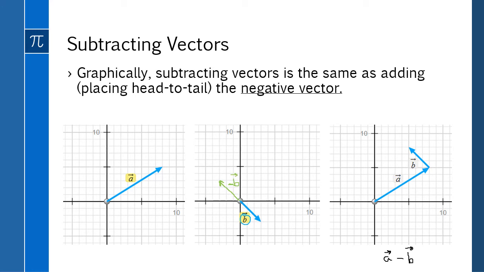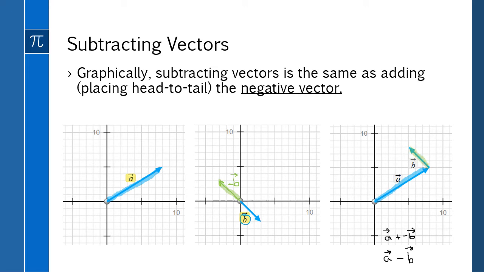And then if you want to do A minus B, you could think of that as being equivalent to A plus negative B. So you would just start with vector A that you were given right here, the same as it was at the start, and then add to that, place it tail to head with the vector negative B, which is what you see right there.